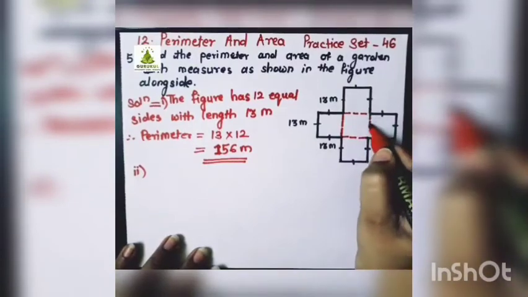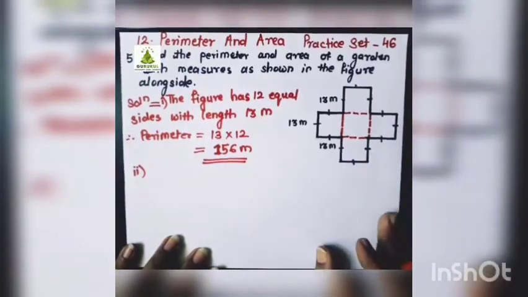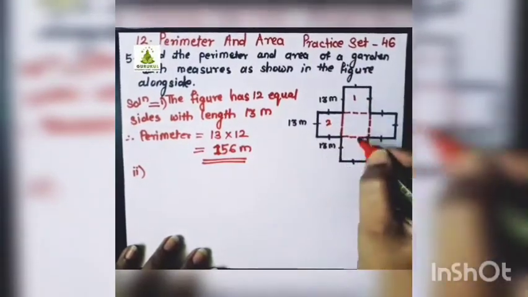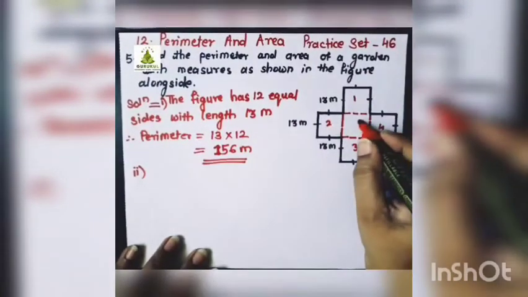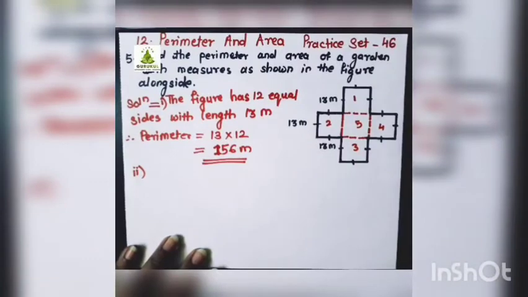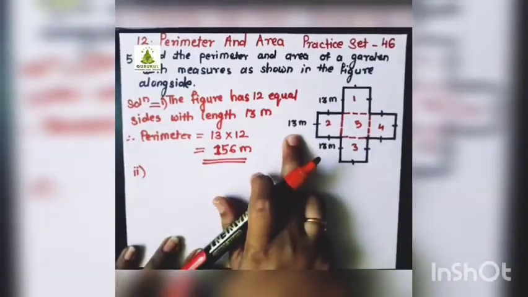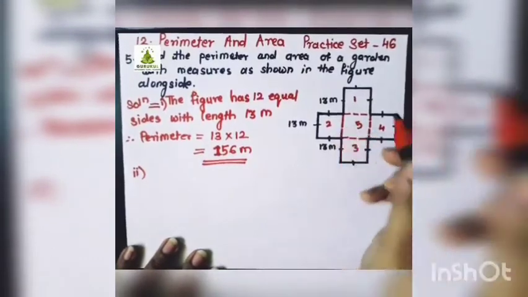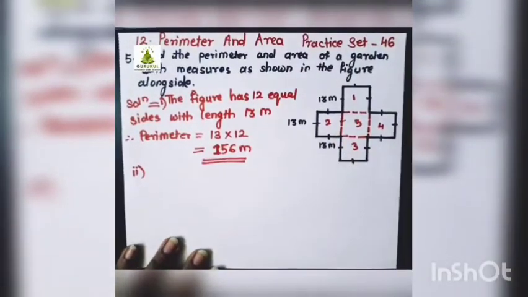Now you can see this total figure is divided into 5 squares. Here this 13, this 13, this 13, so obviously the fourth side will also be 13. If 3 sides are equal, then the fourth side also has the same measure. That is the rule of geometry.